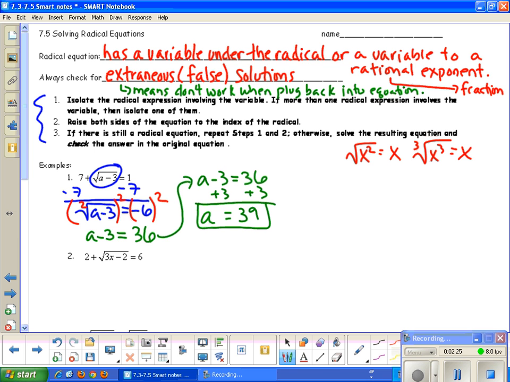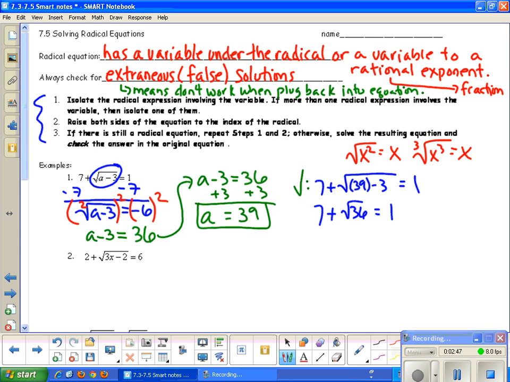Now I'm not done because I want to check my solution. When I check this, I put my number back into my original equation. So I get 7 plus the square root of 39 minus 3, which is root 36, has to equal 1.